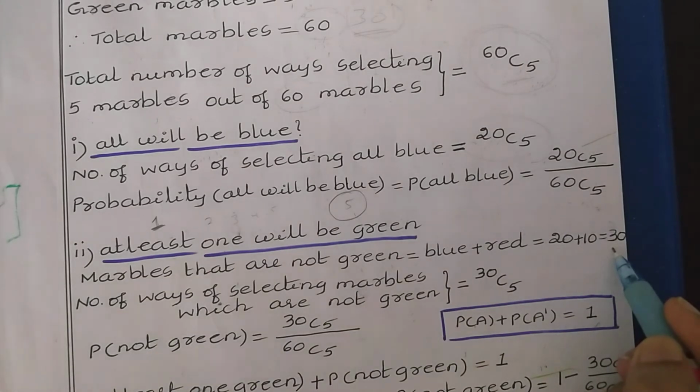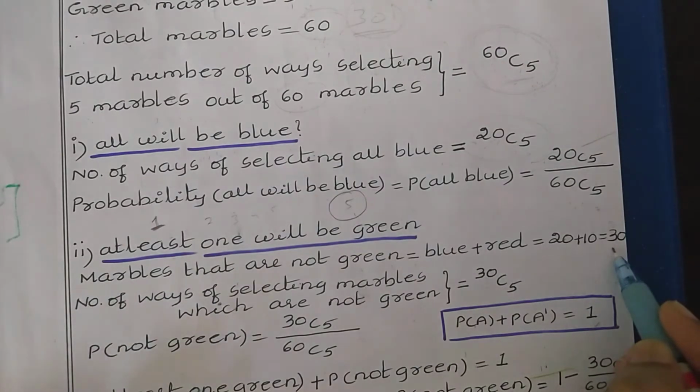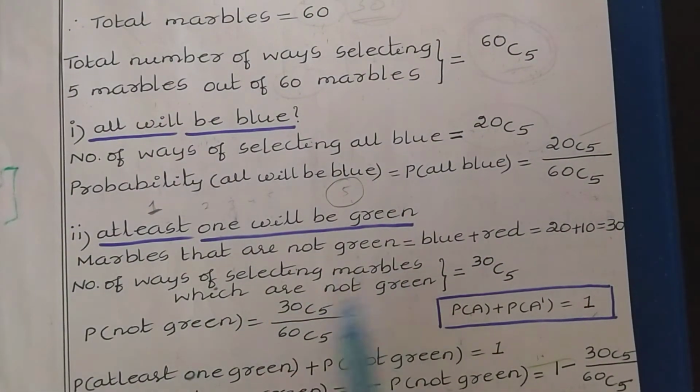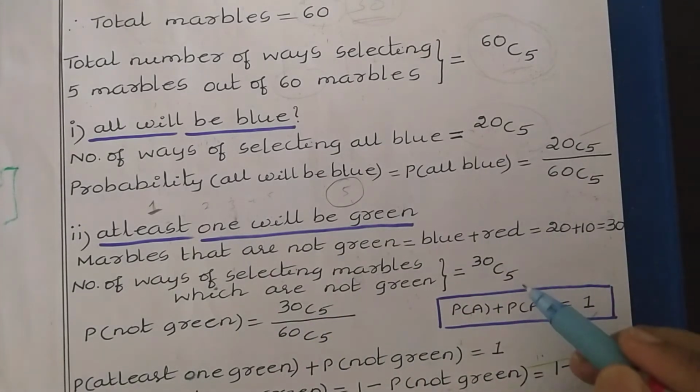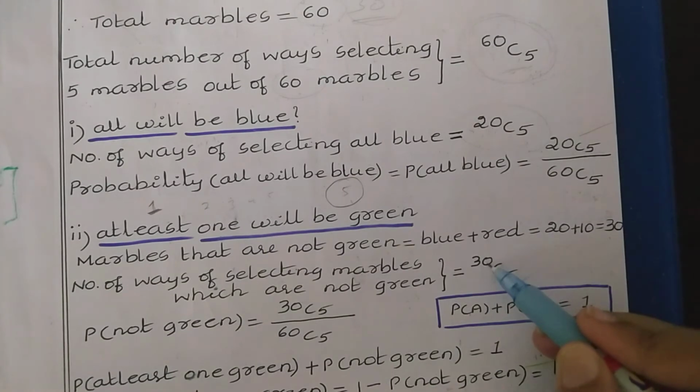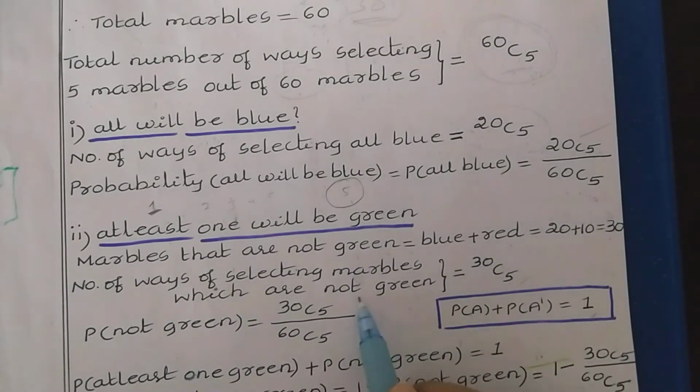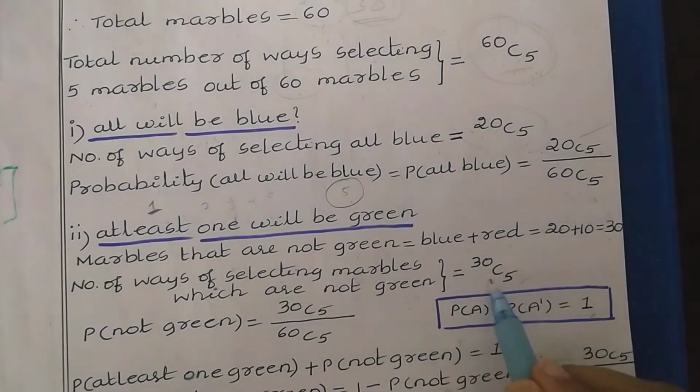Next, from these 30 marbles, we have to select 5 marbles. So number of ways of selecting marbles which are not green is 30C5. This 30 is nothing but blue plus red. We are talking about the not green condition.